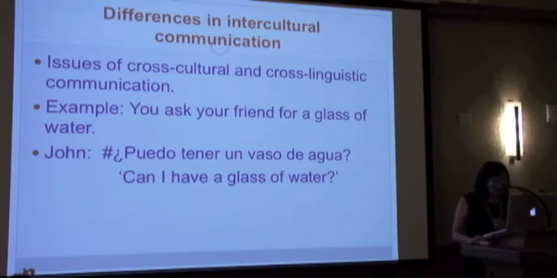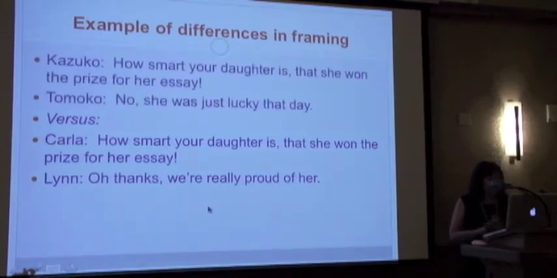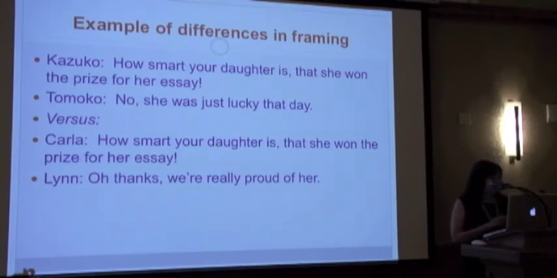Okay, so another issue is the issue of framing, how you frame something. So, for example, in Japanese, when you say how smart your daughter is, she won the prize for her essay, the response is usually, "No, she was just lucky that day," which I hear in my own department with my Japanese colleague. And instead, in this country, you would probably say, "Oh, how smart your daughter is, she won the prize," and you say, "Oh, thanks, we're real proud of her."